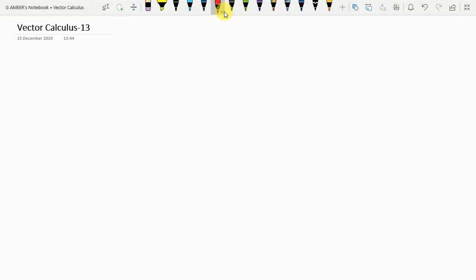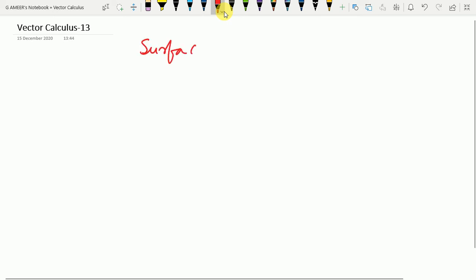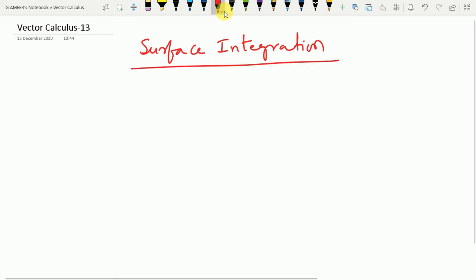Surface integrals. Okay, let us take any surface.